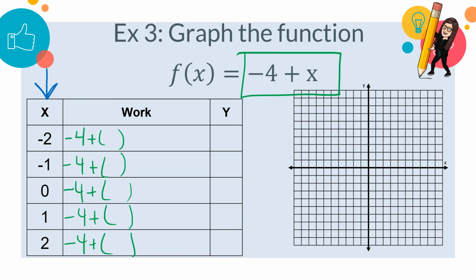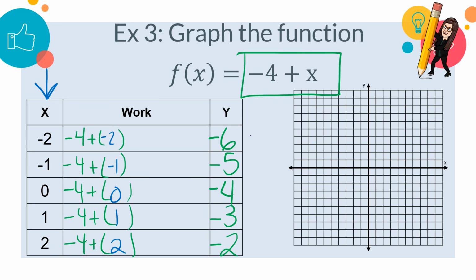And we're going to substitute in our x column values. Next, let's calculate. -4 plus -2. -4 plus -1. -4 plus 0. -4 plus 1. -4 plus 2. A little bit easier this time since we didn't have a factor out front of our variable.